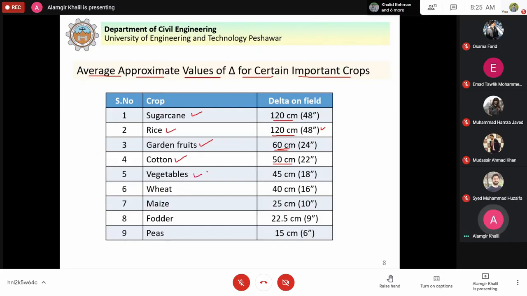For vegetables, 45 centimeter or 18 inches. For wheat, 40 centimeter or 16 inches. Maize, 25 centimeter or 10 inches, and other crops. So this is the delta, the total depth of water required for these crops to come to maturity, during the growth period, for their full growth.